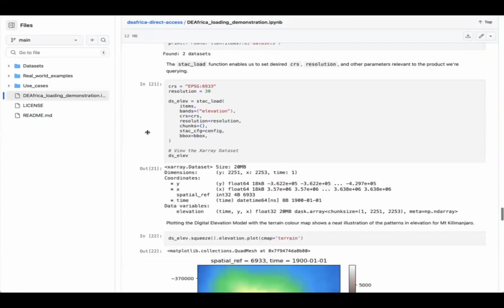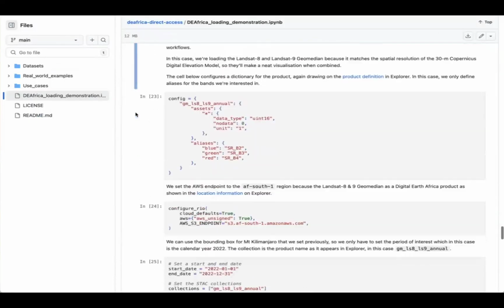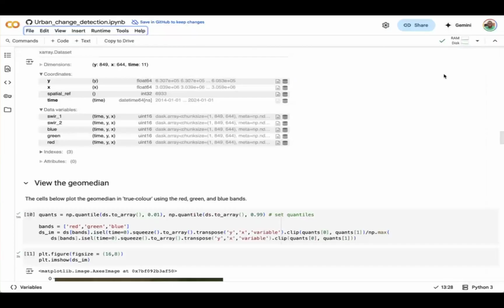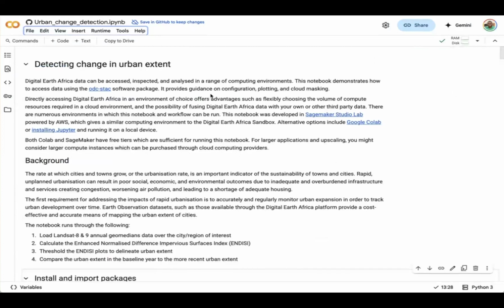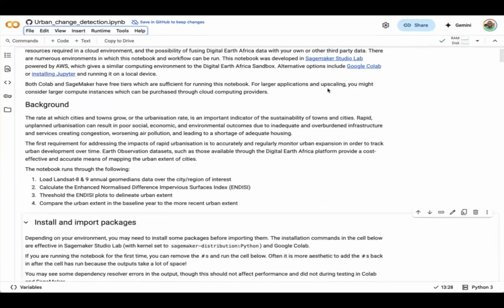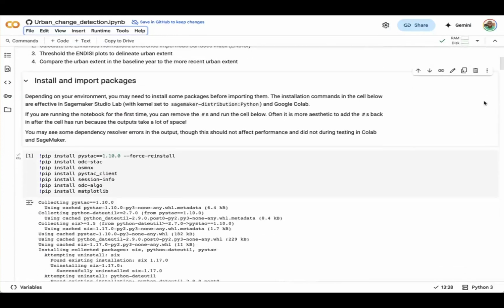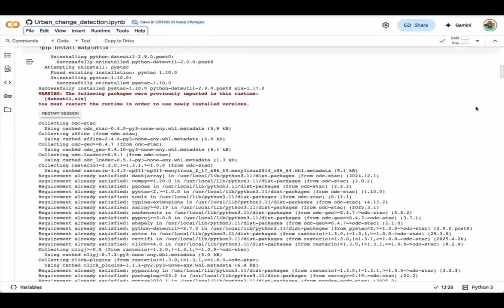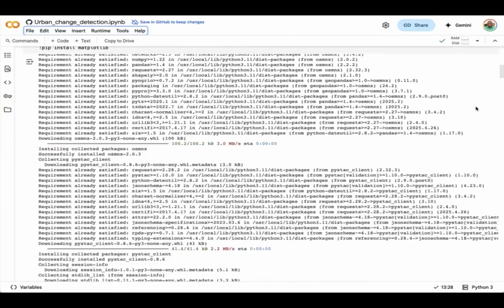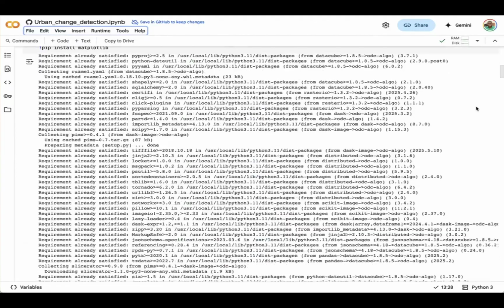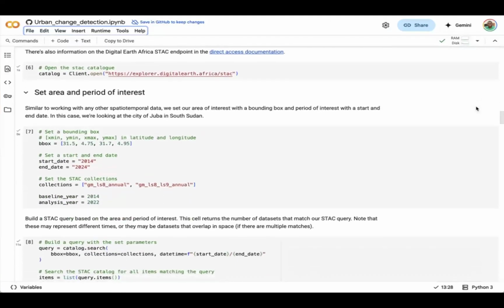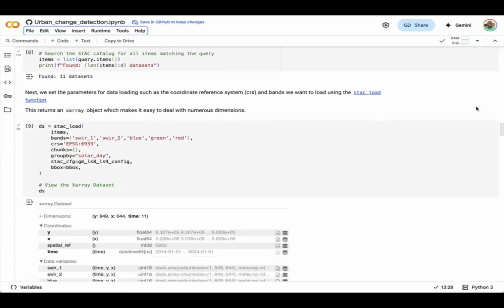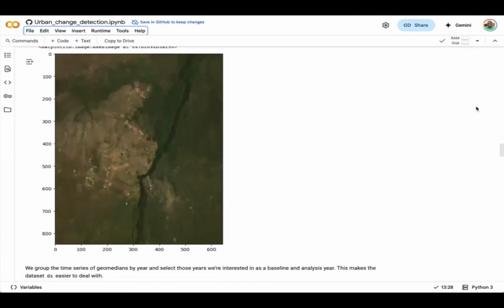other platforms, etc. And also in this particular case, I'll show you an example of the same notebook on urban change, which we've been able to load in the direct access, and we'll add more notebooks in a few weeks so that we can give that opportunity for anyone to collaborate with any other platform, or even bring in other notebooks that you've been working on in your other platforms.